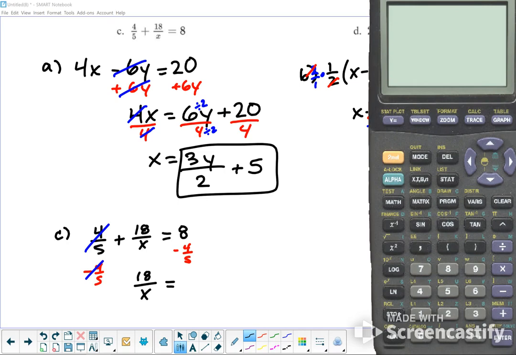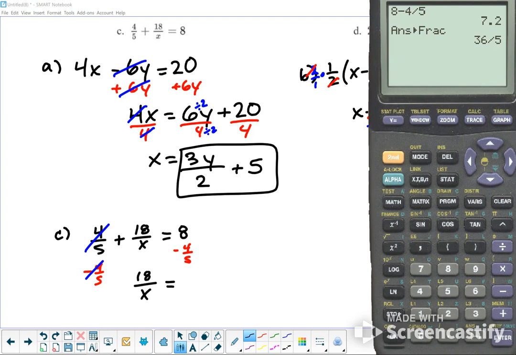I can show you by hand, but I think this is a little too much for some of you guys, so utilize the calculator if you want. 8 minus 4/5 is 7.2, right? I know a lot of you will be happy going to decimals, but I kind of like fractions, and 7.2 is actually 36 over 5.